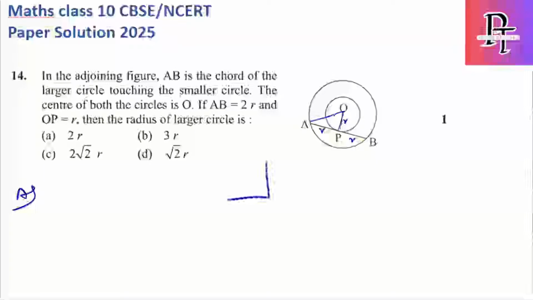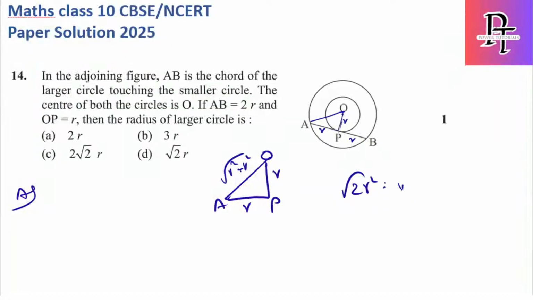Okay, I'll write it this way. This is A, this is P, and this is O. AB is 2R, so I will say AP is R. We are asking AO, so it is root of R square plus R square, which is root of 2 R square, or root 2 R. D is the right answer.